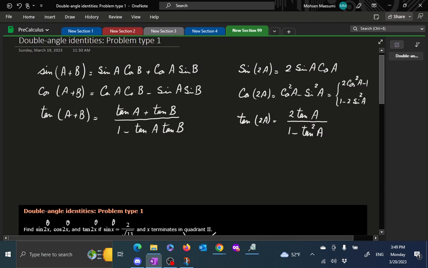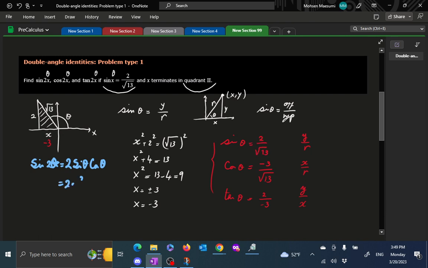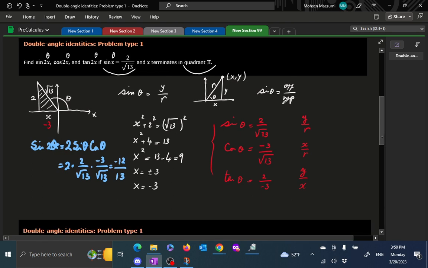It was 2 sine x cosine x, excuse me, I changed: 2 sine theta cosine theta. So 2 times 2 over radical 13 times cosine theta, minus 3 over radical 13. Clean it up: 2 times 2 times minus 3, minus 12, and the denominator is 13. So that was easy.